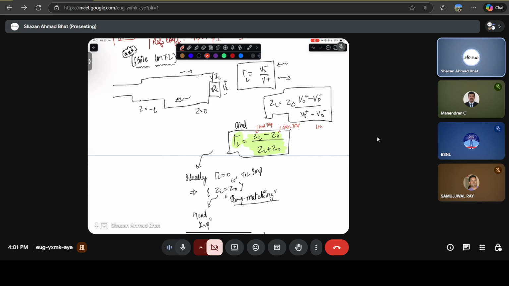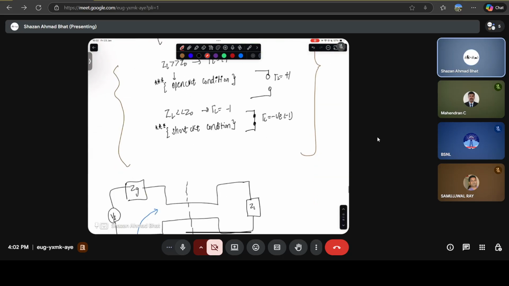If the load impedance is equal to the characteristic impedance, you see that gamma L drops to 0. That means the reflection coefficient goes to 0 and you have maximum power transfer. That means the load gets the maximum power. That's about it.